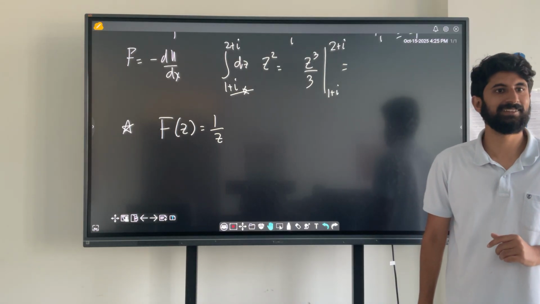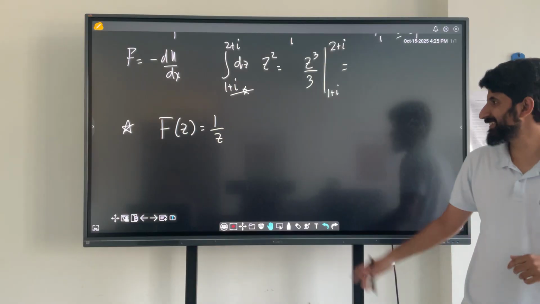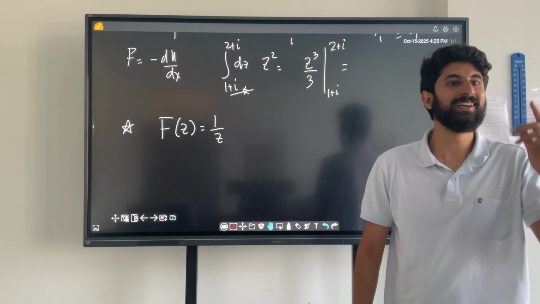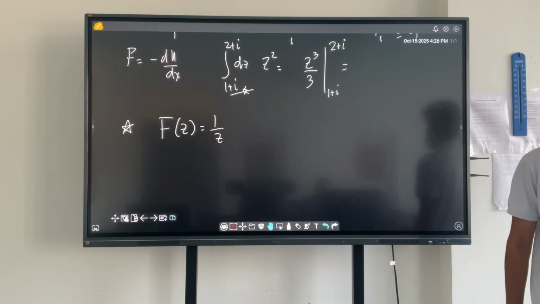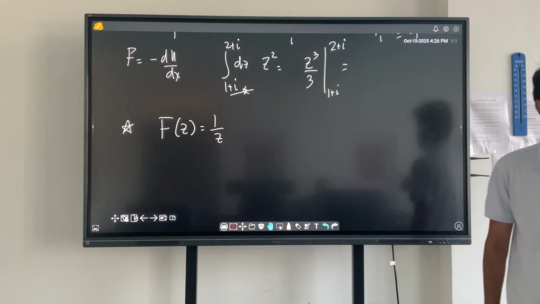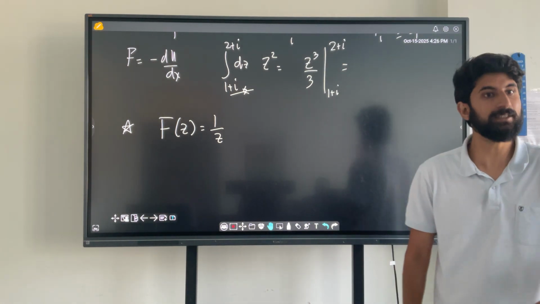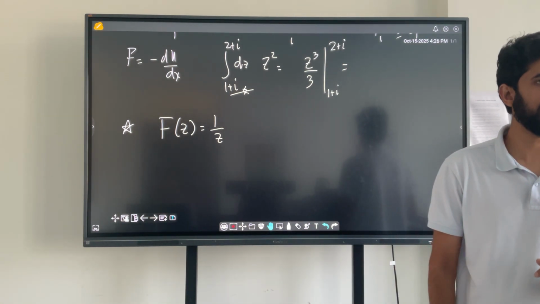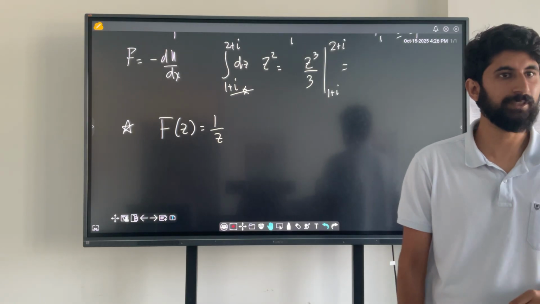Except at 0. Well, I told you that it's analytic everywhere except at 0. And I think the more appropriate question would have been, why is it non-analytic at z equal to 0? Because it goes to infinity. In fact, the function is not even defined for z equal to 0. It does go to infinity, but infinity is not a real number, so it doesn't take a real value.